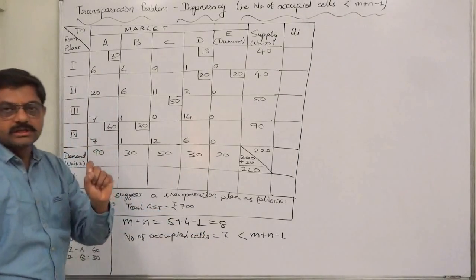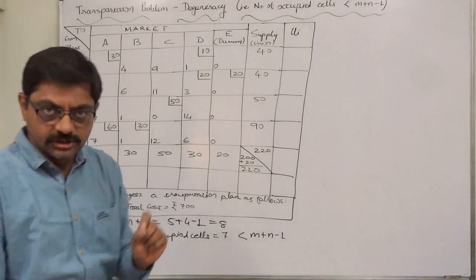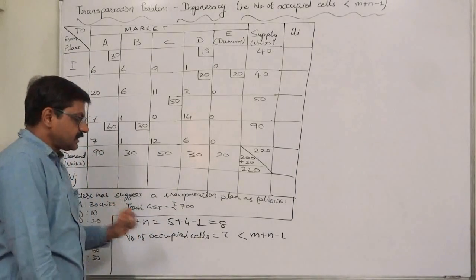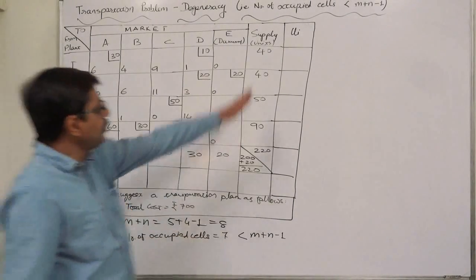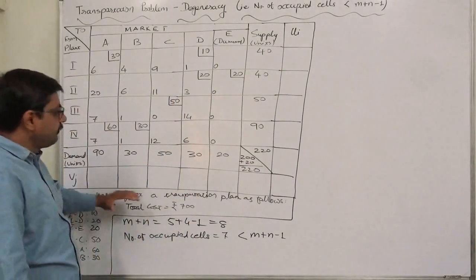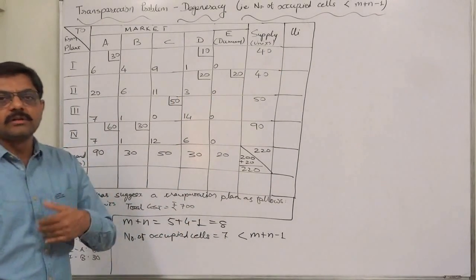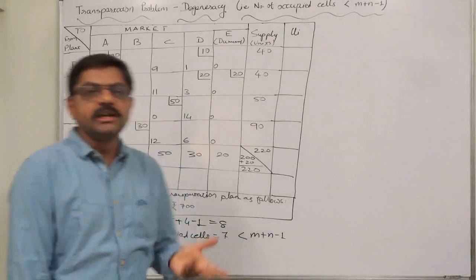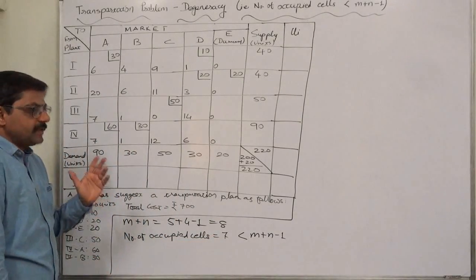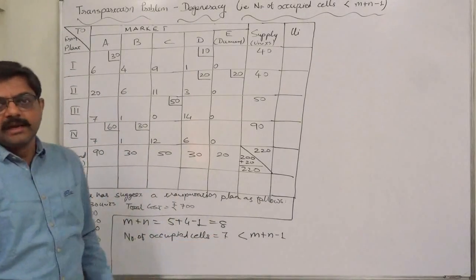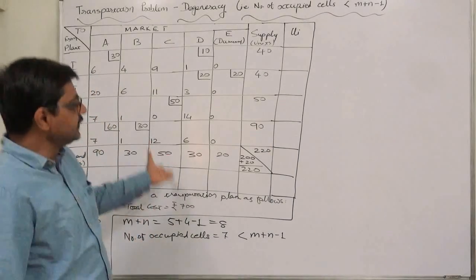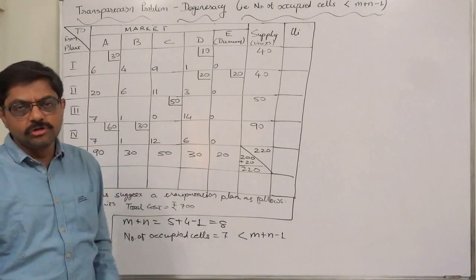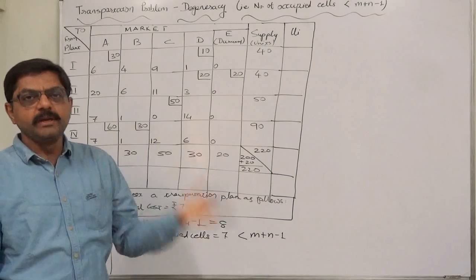This situation is called degeneracy in solving the transportation problem. Now, if we cannot write all the ui and vj values, we cannot calculate all the Dij values, then we cannot check the optimality, and ultimately we cannot arrive at the conclusion whether this or any other initial solution is optimal or not.